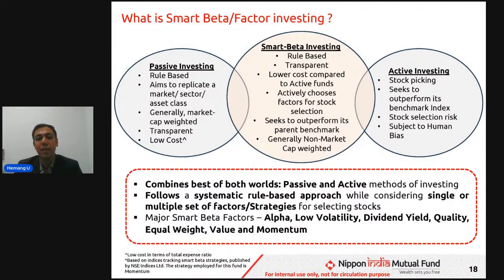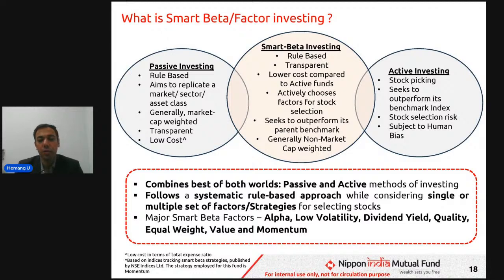There are various types of smart beta factor funds available in the industry today. We'll talk about it more in detail. Those factors, one has to choose based on the risk profile, and one is actively making a choice to choose those factors. Those factors will have a complete rule-based methodology in which they work.